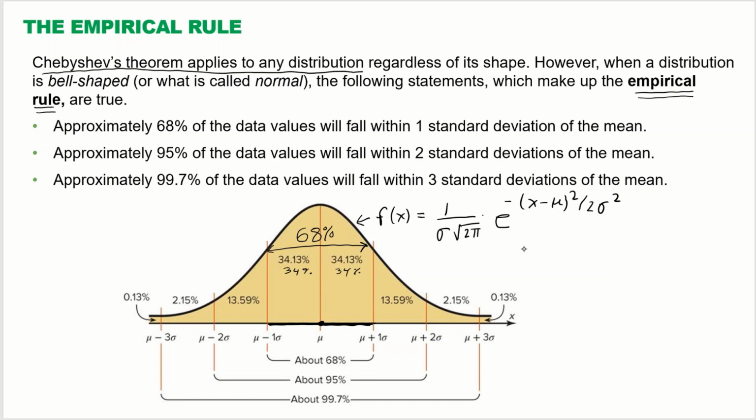Now if you go 2 standard deviations up from the mean, and from the mean you go 2 standard deviations down, then the amount of data that you will see here is approximately 95%. Okay, so if you want to find how much data lies here, for example, in this region, this and this will be equal.